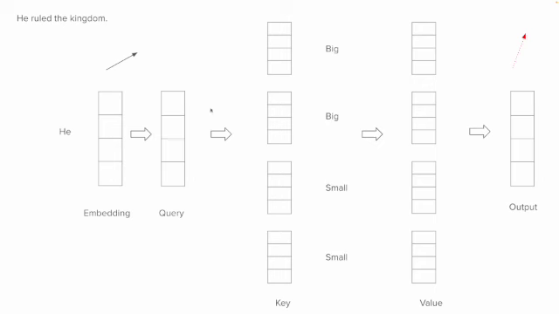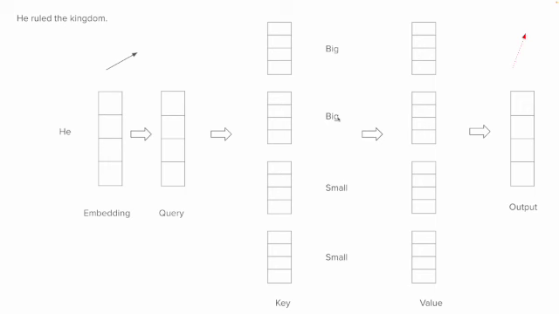So this, because the word is very similar to itself, so the query and key here dot product will be big. Similarly, the query and key dot product for ruled and he will be also big, because as we said, they are ready to influence each other. For other 2 words, the key and query dot product will be small.